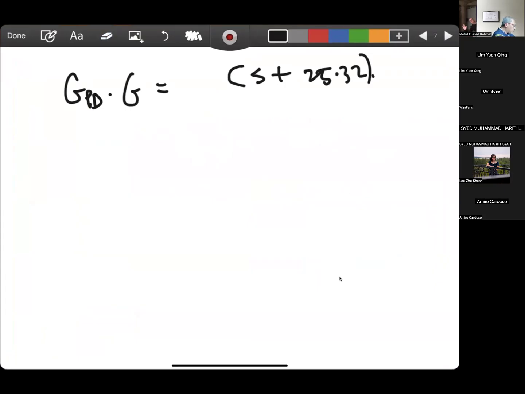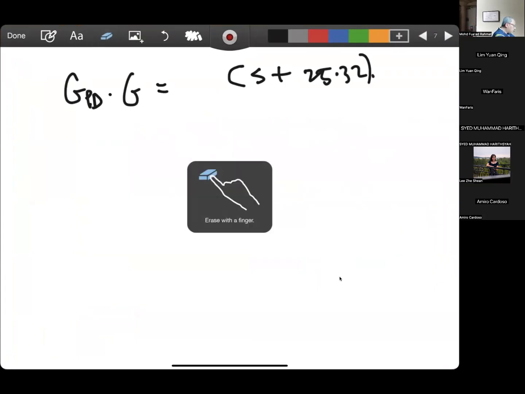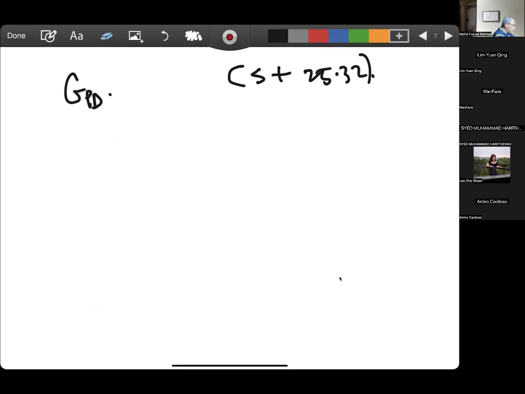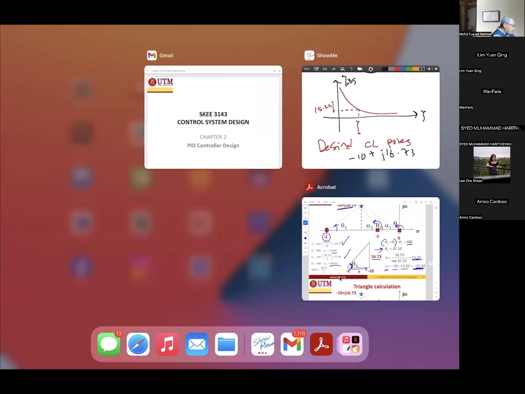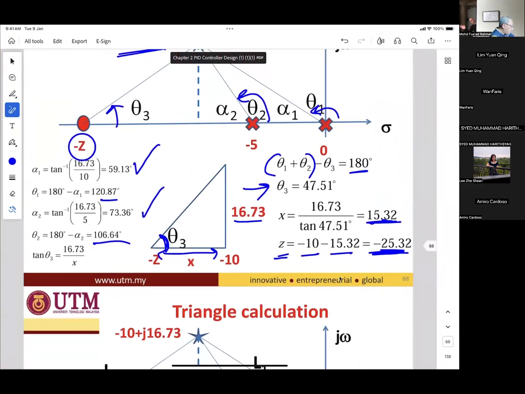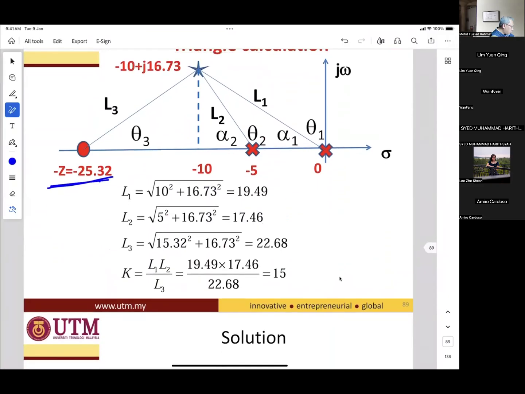So you need to calculate the gain. The gain here is 15. How do you get 15?